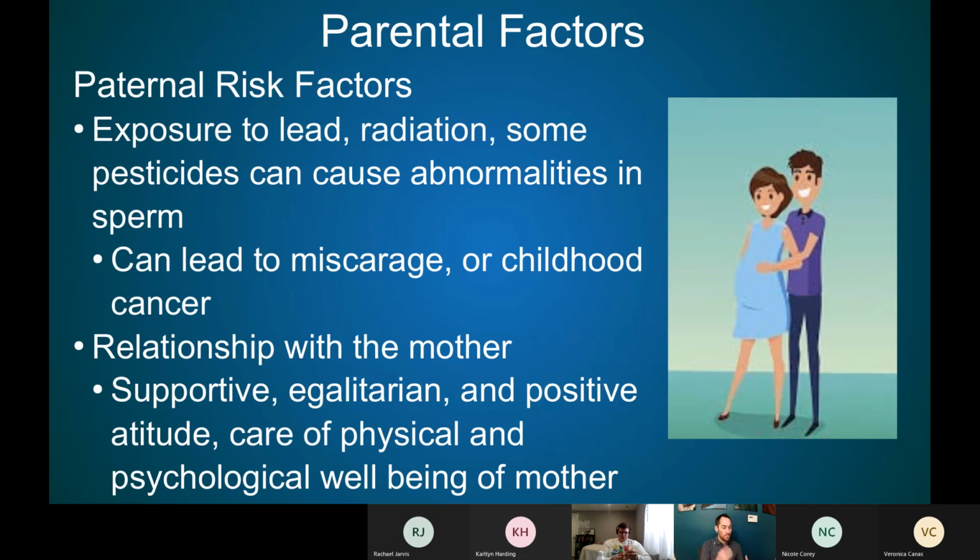Partners that are more supportive, egalitarian, and positive with each other help care for the pregnant person better and lead to less stress, a more healthy environment for the fetus to be developing in. Those levels of stress hormones are still in the same body as the developing fetus. So that can be another aspect to support a pregnant person as well.